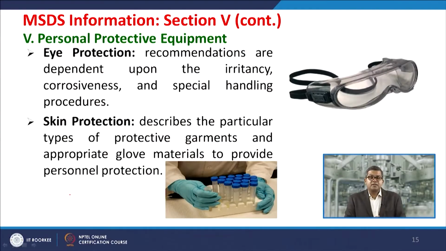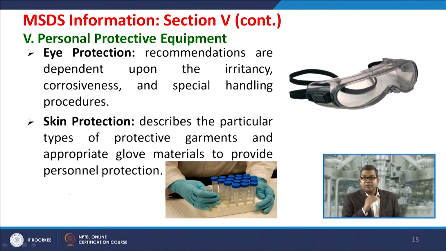These are the various personal protective equipments, like eye protection, eye gears. Recommendations depend on the irritation, corrosiveness and the special handling process, because remember your eye and skin are the prima facie sources through which you can get information that something at your workplace is wrong, because sometimes if there is a chlorine exposure, your eye may get irritated, skin may become dry.